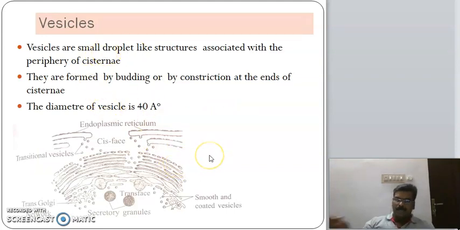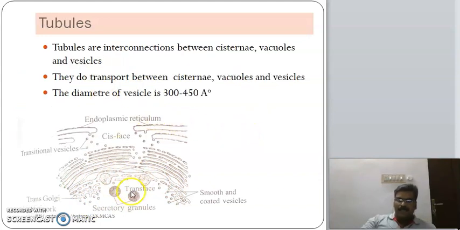Vesicles are small droplet-like structures released off. See, this is the endoplasmic reticulum, above that is the nucleus, and this is the plasma membrane region. From this, by the degeneration of the cisternae, small vesicles are released. They are called vesicles.